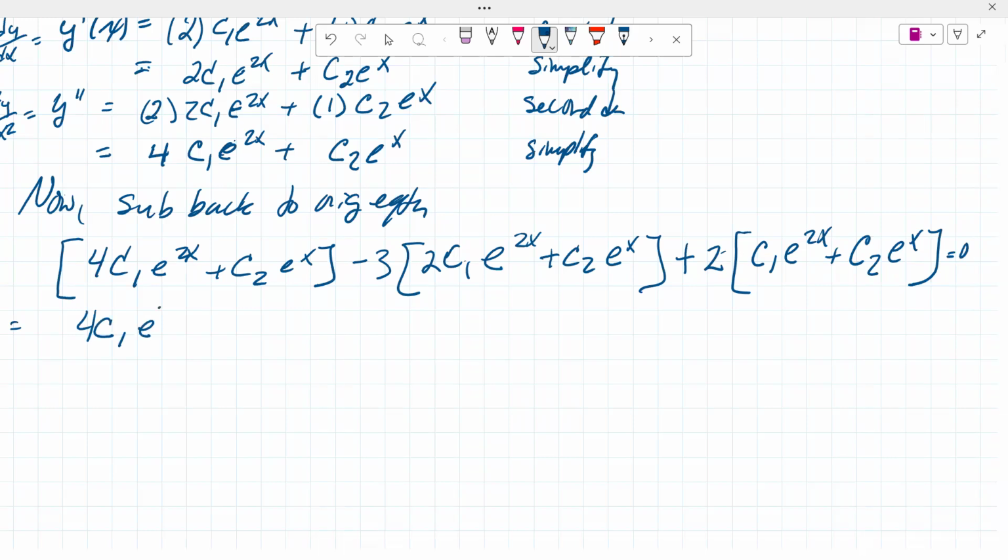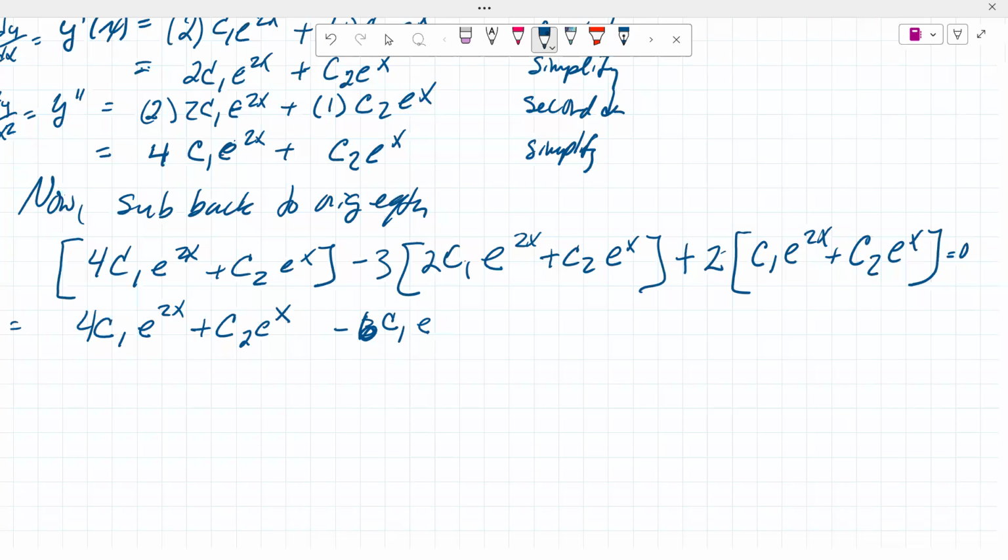4c1 e to the 2x plus c2 e to the x, and it's not in parentheses anymore because it's all distributed out. Now I'm going to distribute the minus 3 over these, so this is going to be minus 3 times 2, which is 6.